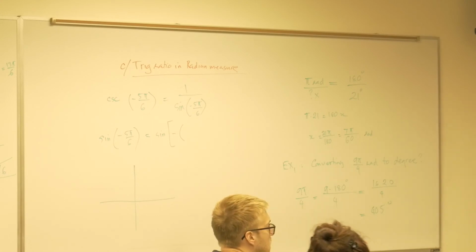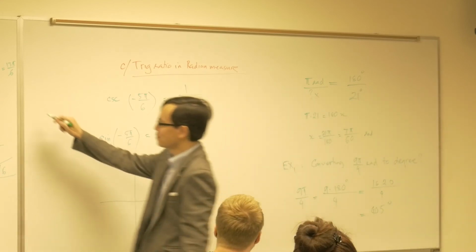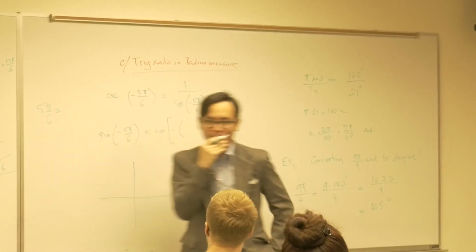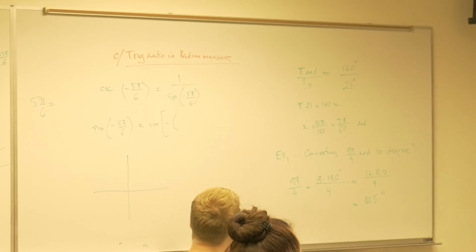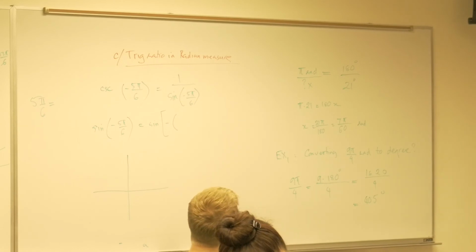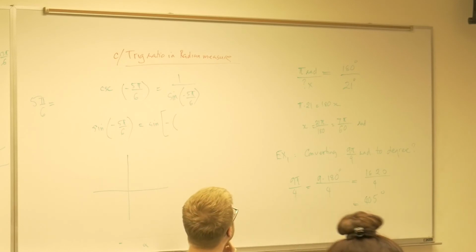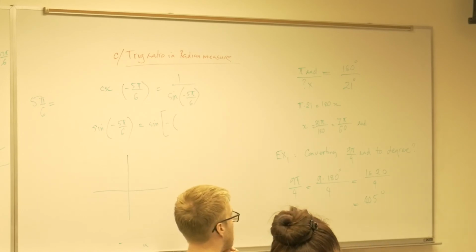How are we going to convert this? 5 pi over 6 is something added to something, or something minus something. But that something must be a special angle, or at least something we can evaluate manually. All the special angles we already learned, right? 0, 30, 45, 60, 90, 180, 270, 360. That was the special angles. So how are we going to bring 5 pi over 6 to that?